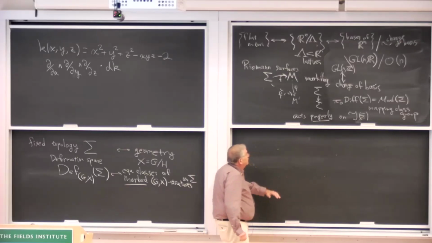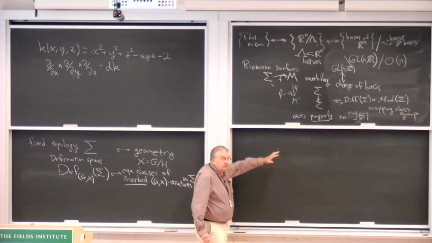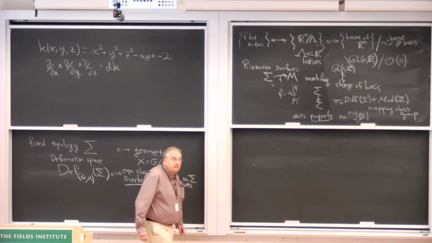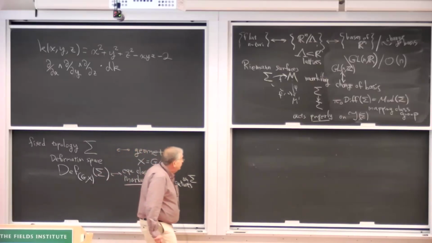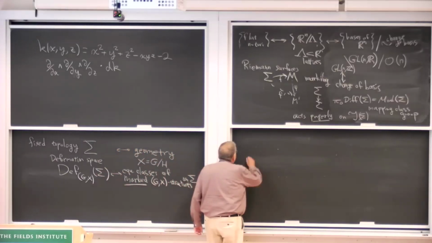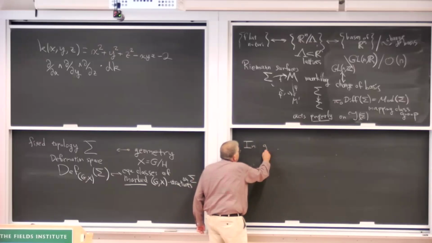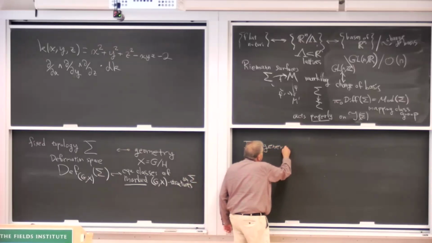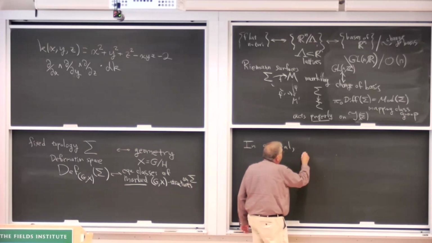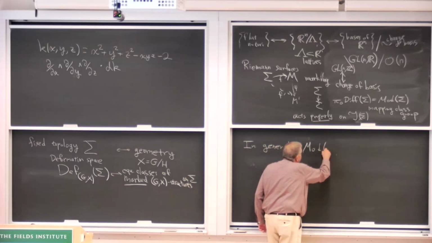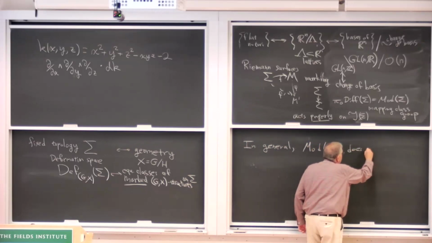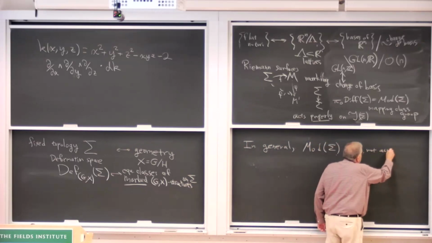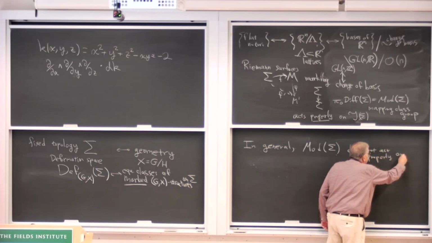Okay, and so the classification in both cases is given by a nice deformation space with a proper action, and we can look at the quotient moduli space. But in general, the mapping class group of sigma does not act properly on the deformation space.